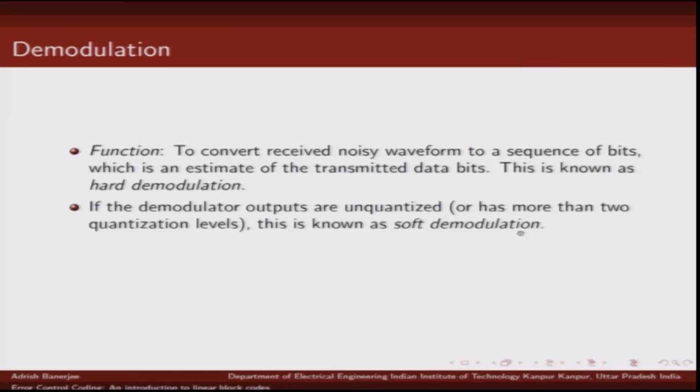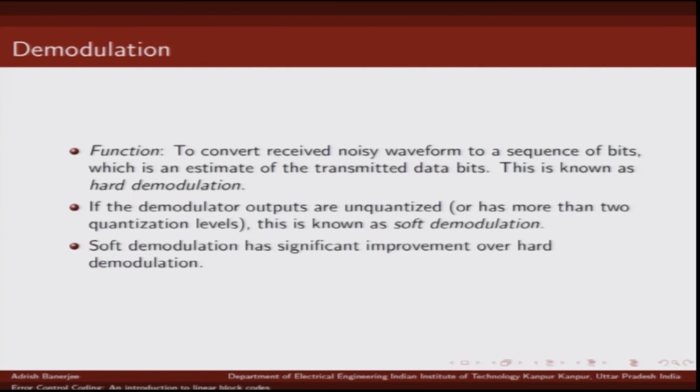So, in soft demodulation we would not just map 0.01 to 0, we will say it is 0 with probability 0.51 or 1 with probability 0.49, I am just giving an example. So, we lose some information when we go for hard demodulation.